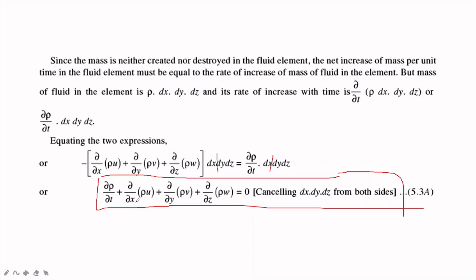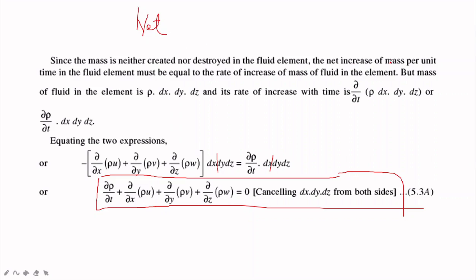What does the law of conservation of mass tell us? Mass can neither be created nor destroyed, correct? But we got a net gain, right? Where did the net gain come from?